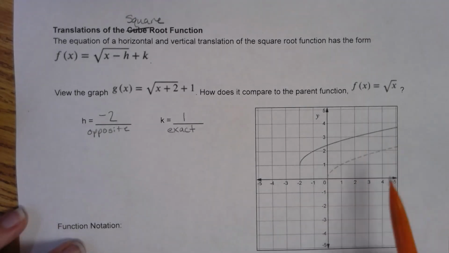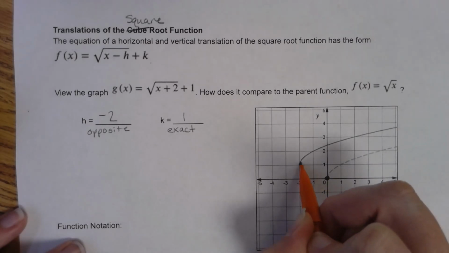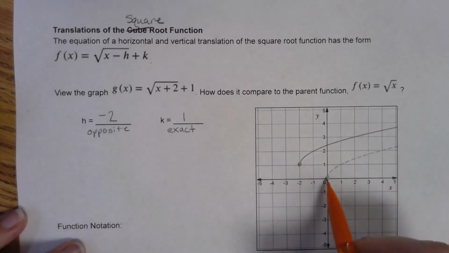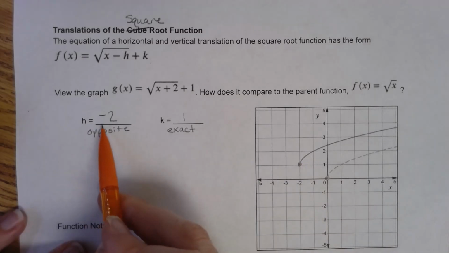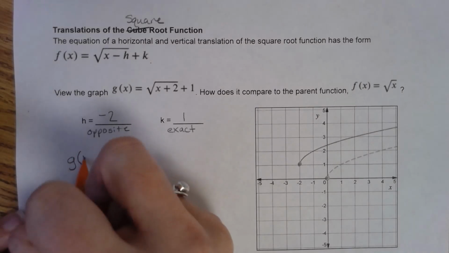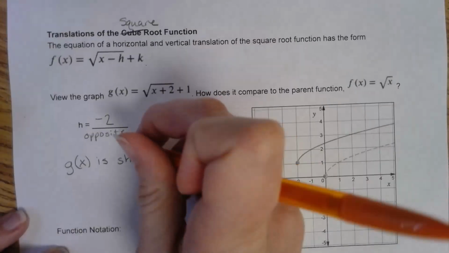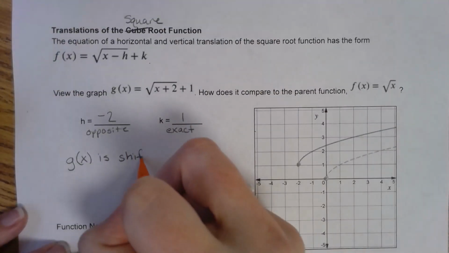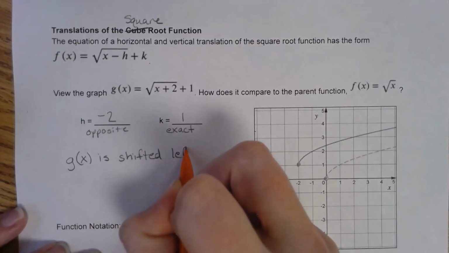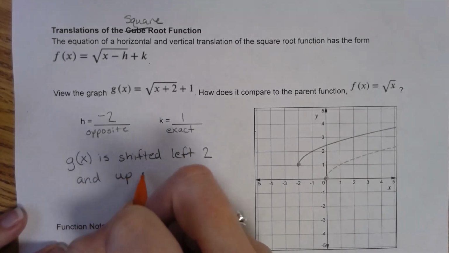Looking at our graph, if we evaluate at the origin (0, 0) and compare that with the starting place of the g of x function, it moves left 2 and up 1, which is exactly what these h and k values would tell us. So g of x is shifted left 2, and up 1.